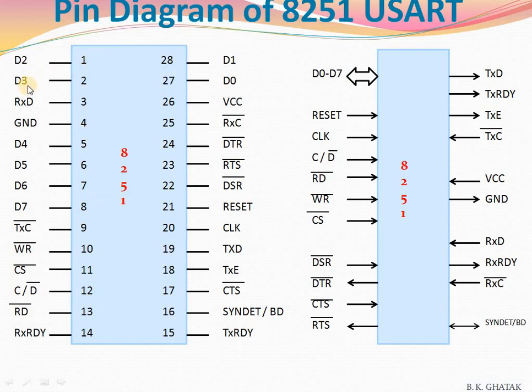First one is D2, then D3, then RxD, then ground, then D4, D5, D6, D7, then TXC bar, then WR bar, CS bar, then C/D bar, then RD bar, then RxC bar, and like this you can easily understand the different pins or signals of 8251.